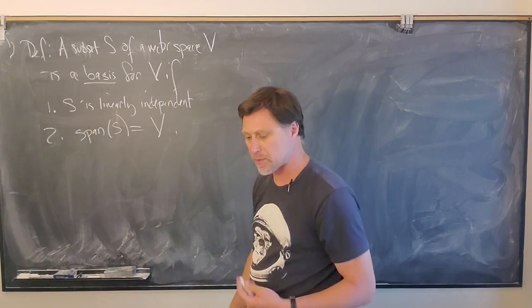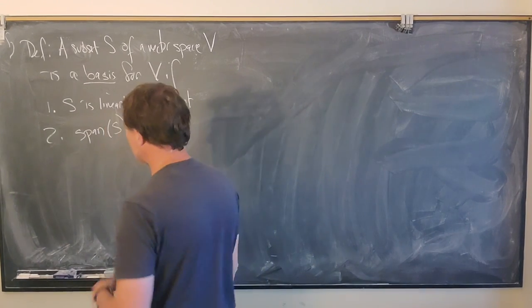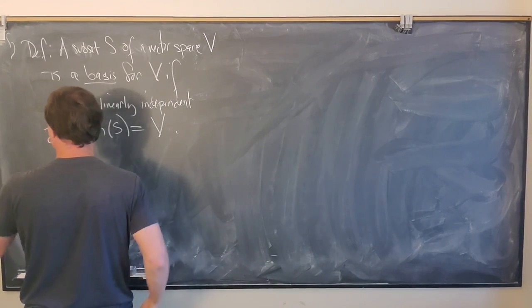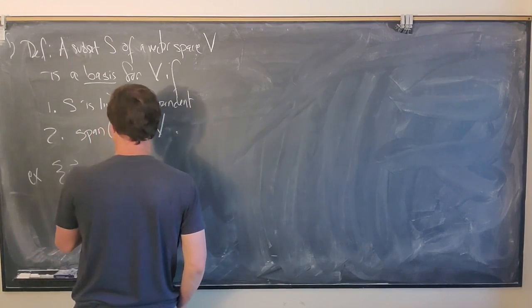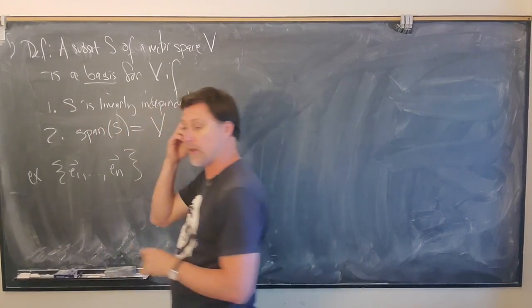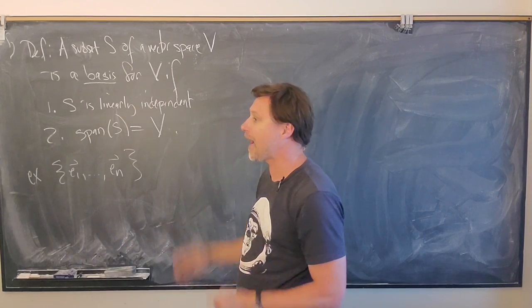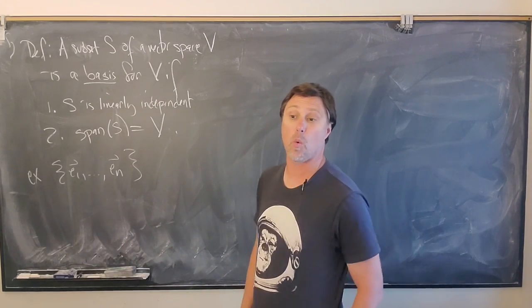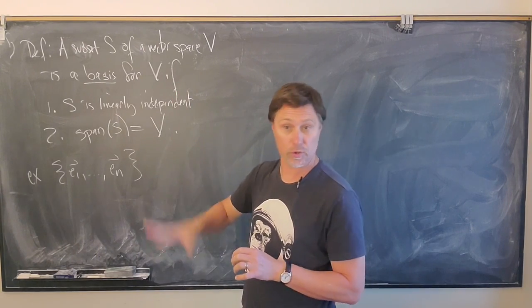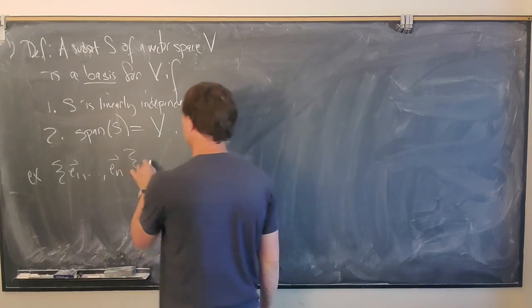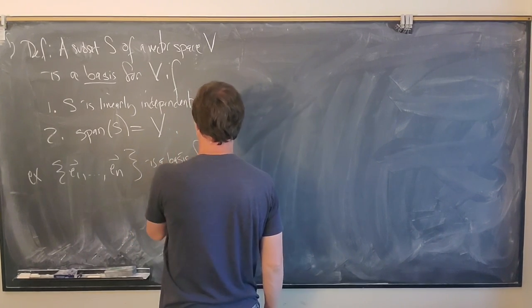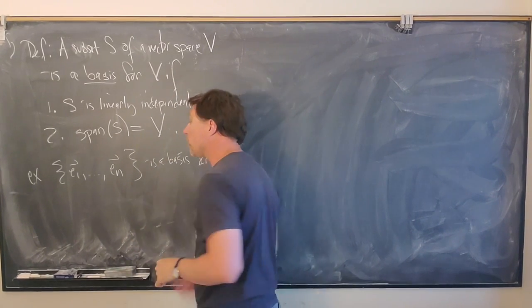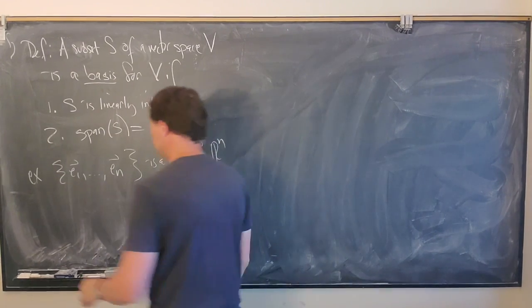Okay? So let's write down some quick examples here. Some of these we've already looked at before. So for example, E1 up through En. Remember, these are the column vectors, so Ei is the column vector that has a 1 in the ith position and zeros everywhere else. Right? This is a basis for Rn, and it's actually called the standard basis for Rn.